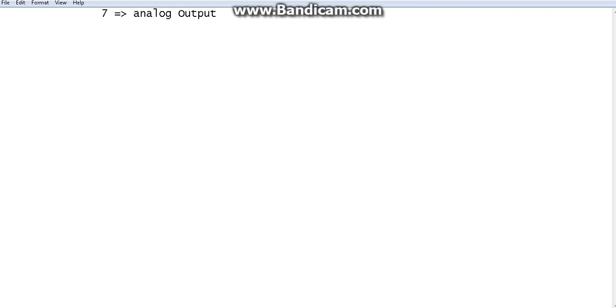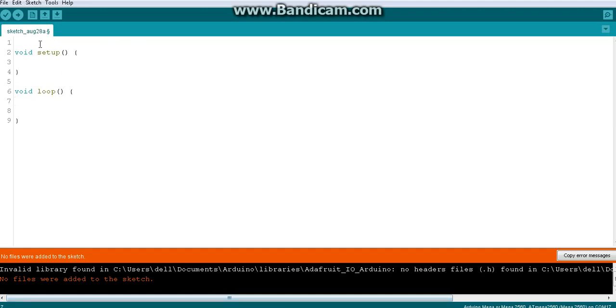I said the values I can give are 0 to 255. When I am giving 0 units, that means 0 voltage, and when it is 255, it is 5 volts. That is the only confusion you may get with the analog input. In the analog input it is 1023, not 255, but when it comes to analog output, we have 255 only. Okay guys, so let's get into the code.